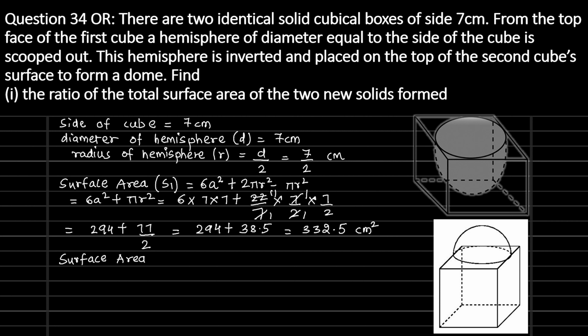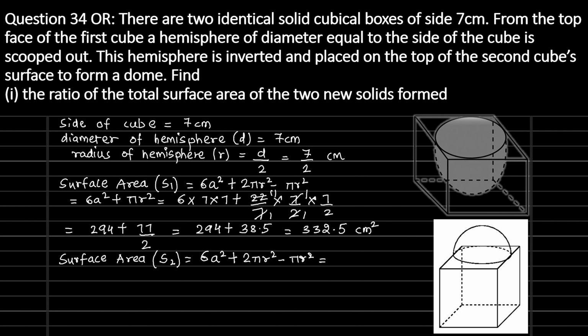Now the surface area of the second solid, which we get after inverting the hemisphere and placing it on the top of the second cube surface to form a dome. Let's assume it as S2. It will be equal to the total surface area of the cube, 6a square, plus the curved surface area of the hemisphere, 2 pi r square, minus the area of the circular base, pi r square.